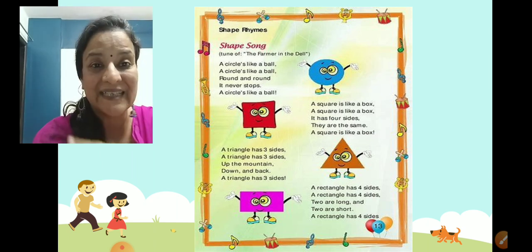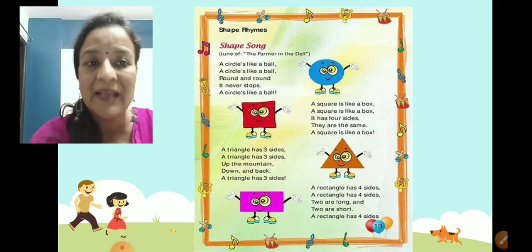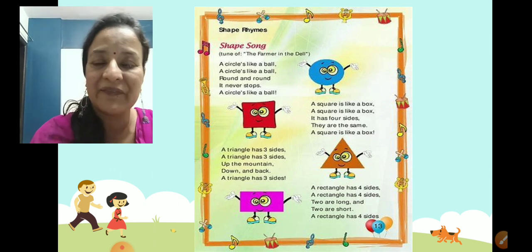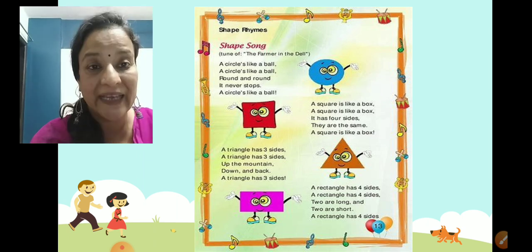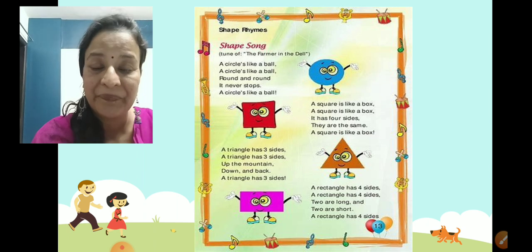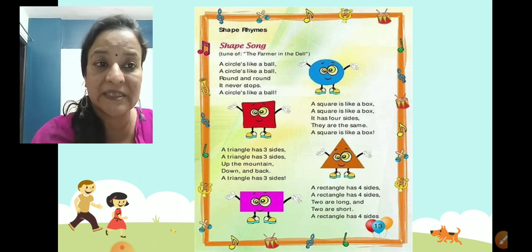A circle's like a ball, a circle's like a ball. Round and round it never stops, a circle's like a ball. A square is like a box, a square is like a box. It has four sides, they are all the same. A square is like a box.